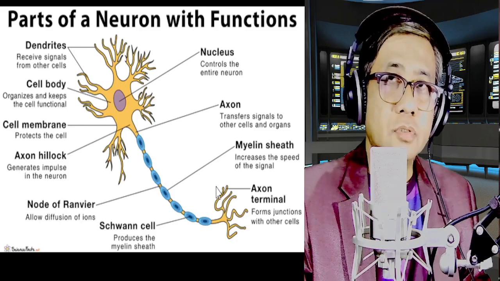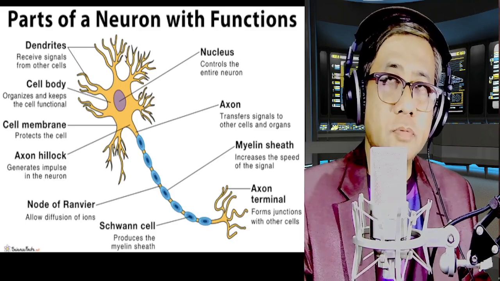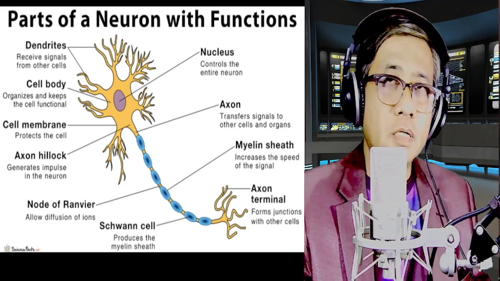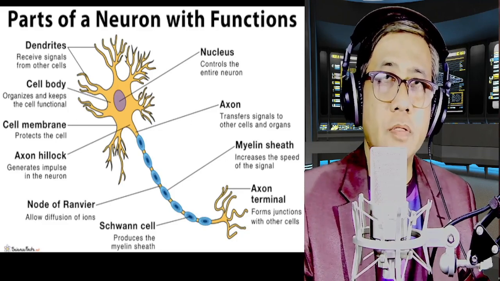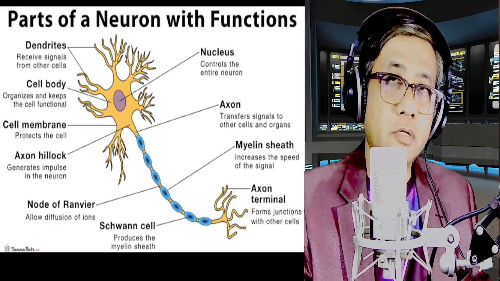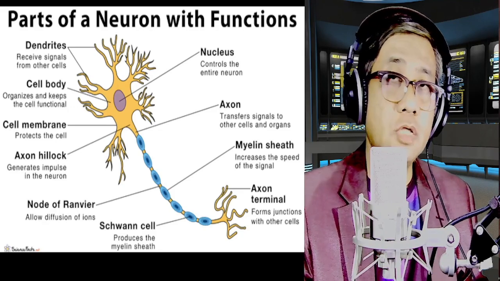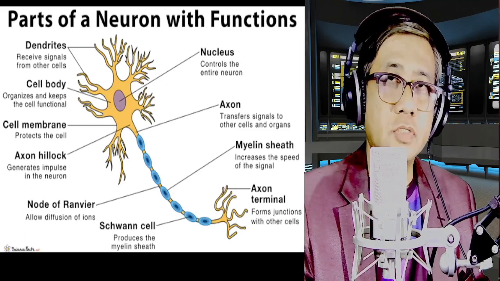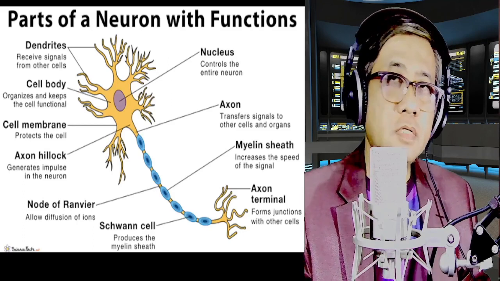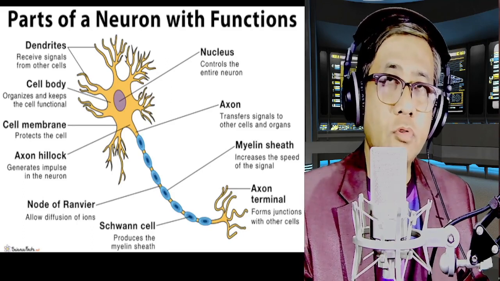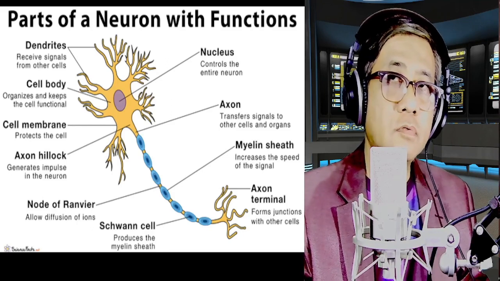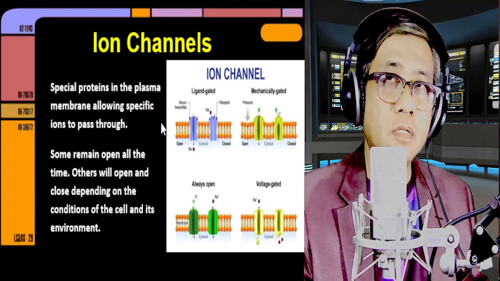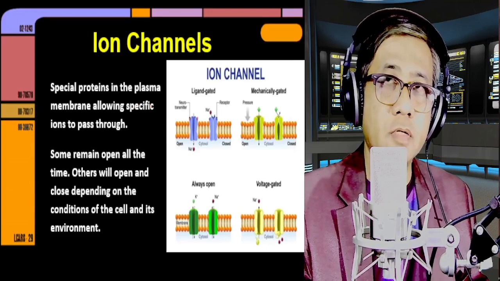Now, as I mentioned earlier, the transmission of nerve impulses or action potential is the result of the movement of ions or electrically charged particles into and out of the neuron through the plasma or cell membrane. These ions move into and out of the cell through special channels called ion channels embedded in the cell or plasma membrane.